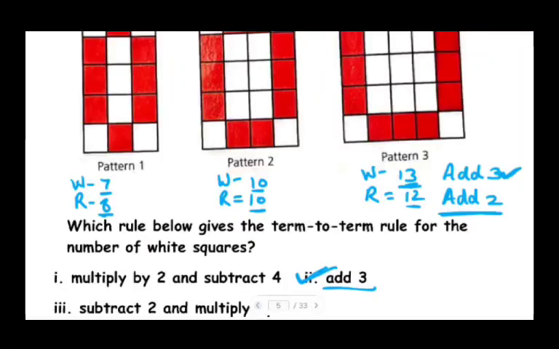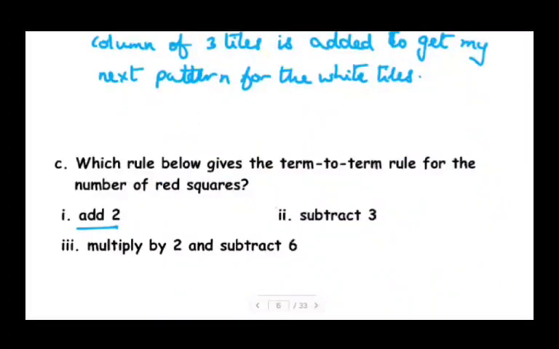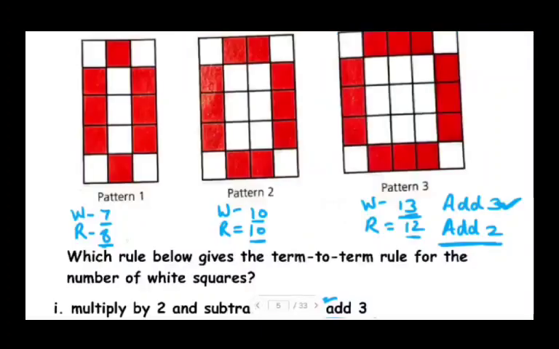Subtract 3. Does it hold true? No, it is adding by 2. So it's not subtract 3. So this goes out. Multiply by 2 and subtract 6. Multiply by 2, which is 16, and then subtract 6. Okay, I get the next one.